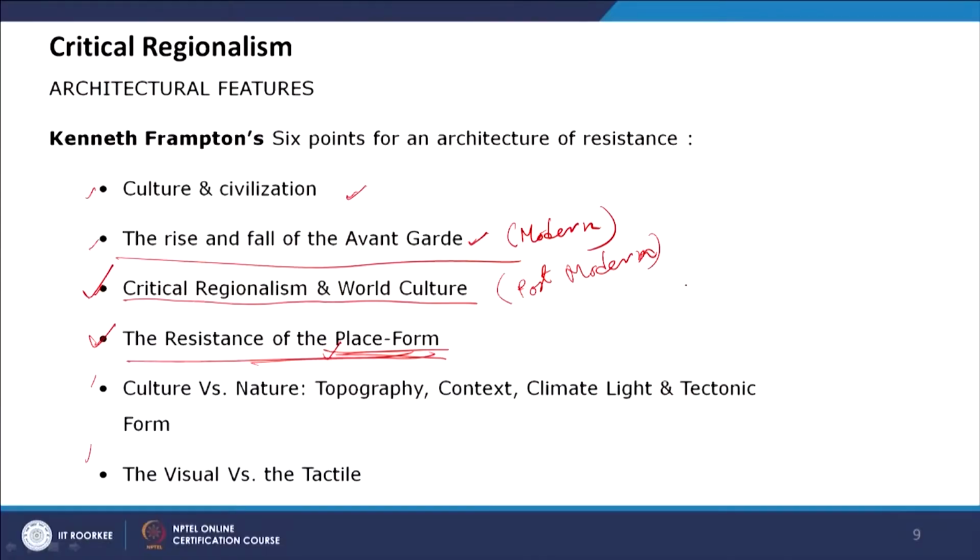As we know, space plus activity equals place. It can be a particular 3D space, and when you add people's activity, when the people's layer is added into the space, it becomes a place, a memorable space.